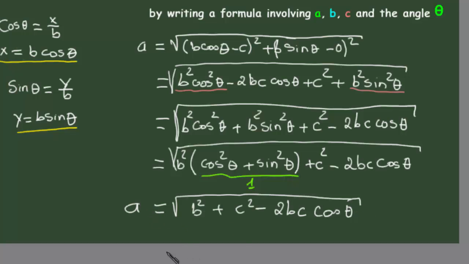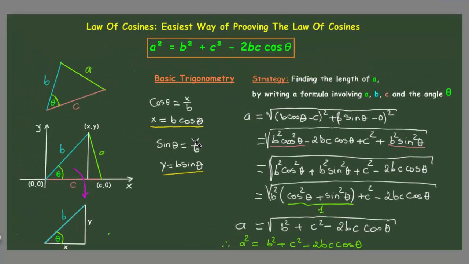So this is a. What we need to do now is to square a. If you square it, we're going to have a squared equals b squared plus c squared minus 2bc cosine of theta. And this is how we can prove our formula. That's what we were trying to do from the very beginning.